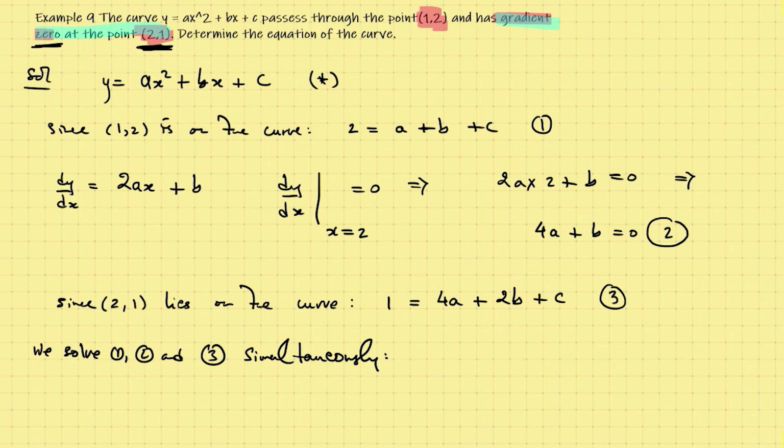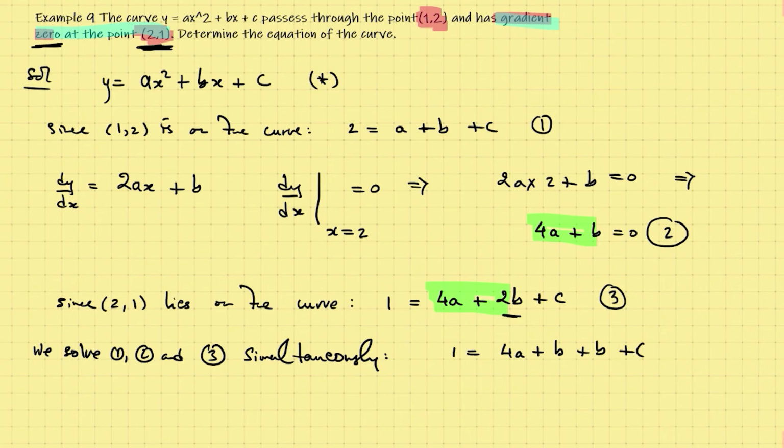If we look carefully, we see that parts of equation 2 are going to turn up in equation 3 in some sense, right? So let's try and substitute equation 2 into equation 3. Sorry, I called it equation 1 for some reason. So equation 3 can be rewritten as 1 is equal to 4a plus, the 2b can be split up into b plus c.